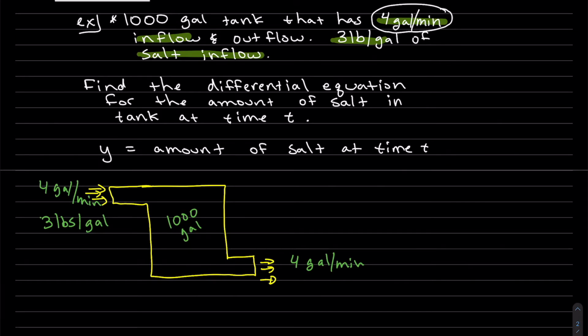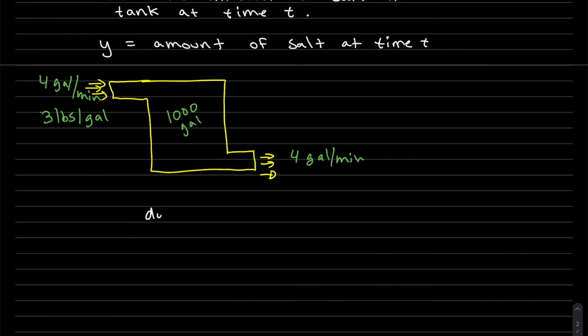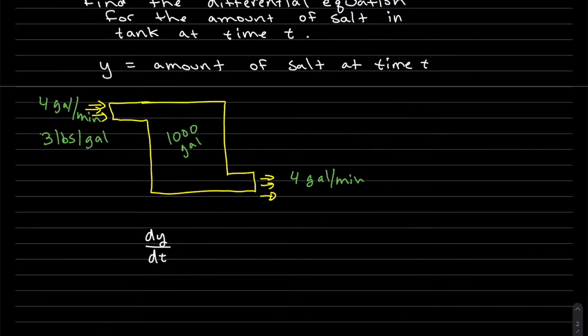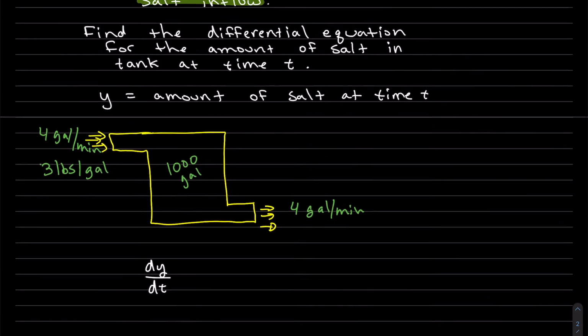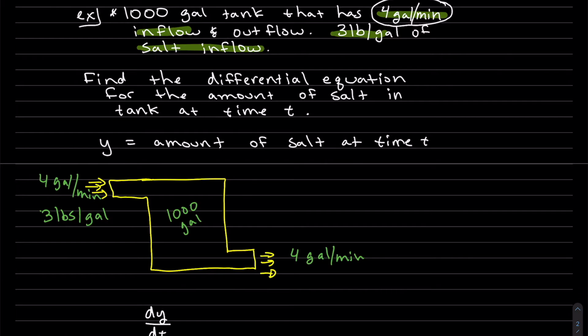Since these are rates going in and going out, we're also going to have to work with the rate of y in terms of t, the rate of the amount of salt in terms of time. I like to keep my eye on the units. y, the amount of salt, is in pounds, so we have pounds per time, per minute.